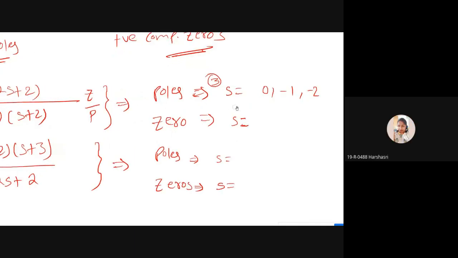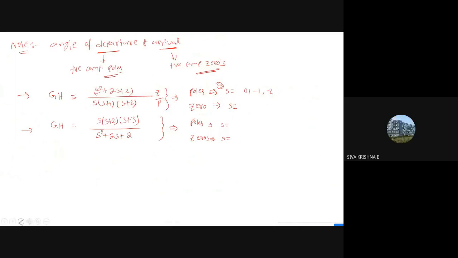Minus b plus or minus, yeah, very good. Minus b plus or minus root of b square minus 4ac, by 2a. This is used to find the roots of a second degree equation.